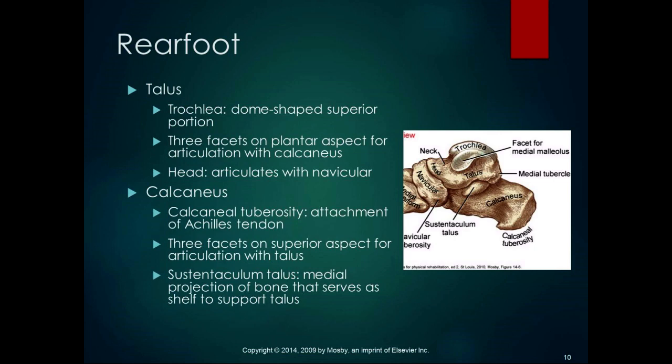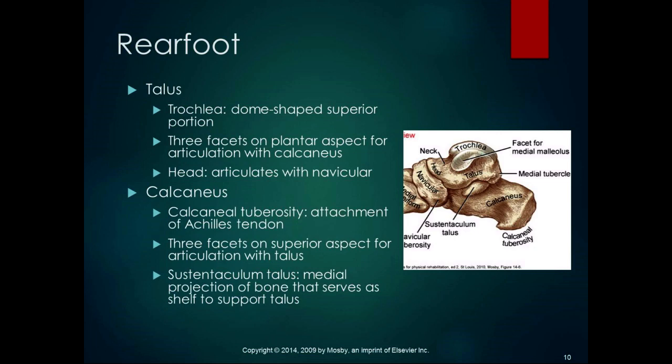The talus has a dome-shaped superior portion that articulates with the tibia. It's called the trochlea. There are three facets on the plantar or inferior aspect of the talus, which articulate with the calcaneus. And the head is on the distal portion of the talus, and it articulates with the navicular.